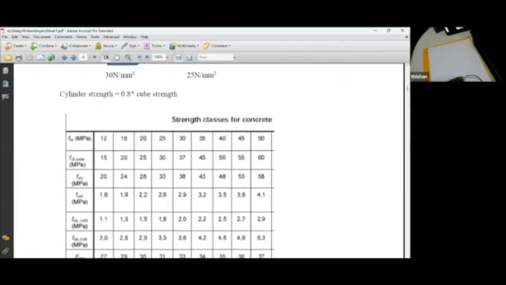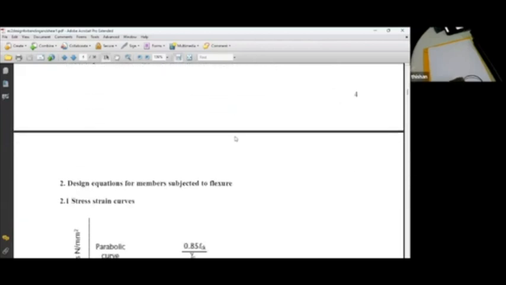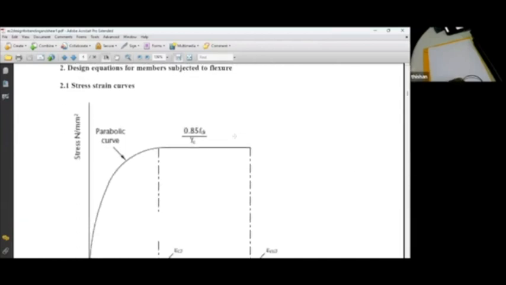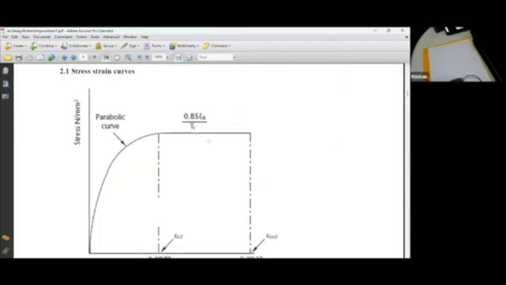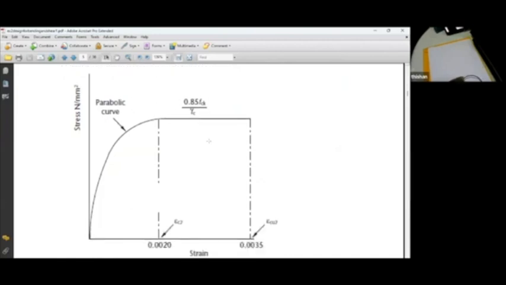Then about concrete, we discussed a lot about properties of concrete, and then the design equations, why you get this 0.85 fck divided by gamma c giving 0.567, and the limit of this rectangular parabolic region and the rectangular region from 0.002 to 0.0035.